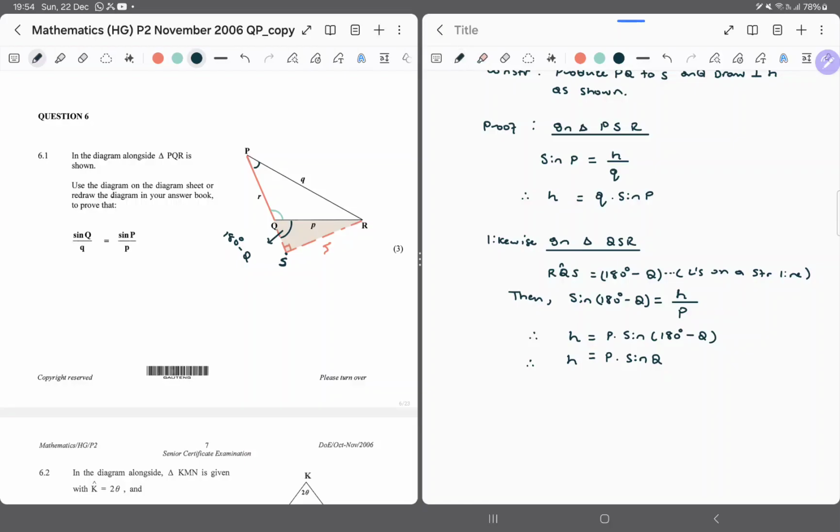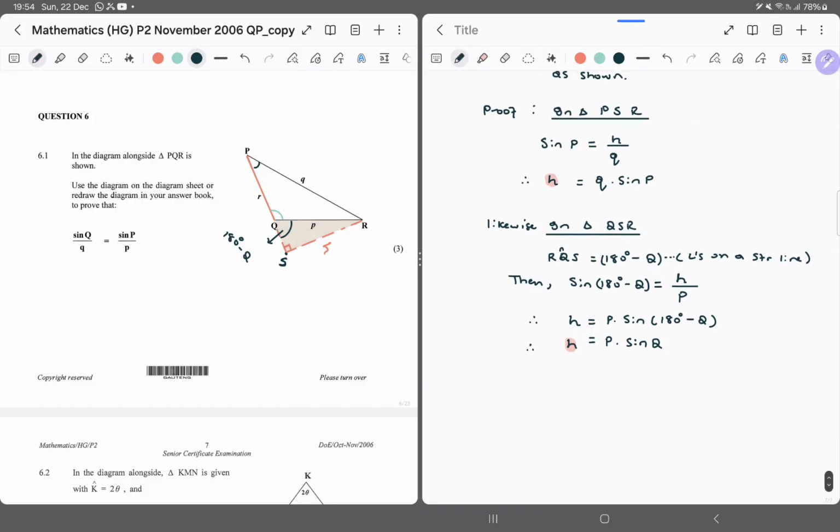Now what do we see, guys? Each one of these expressions is equal to H. So what are we going to say?